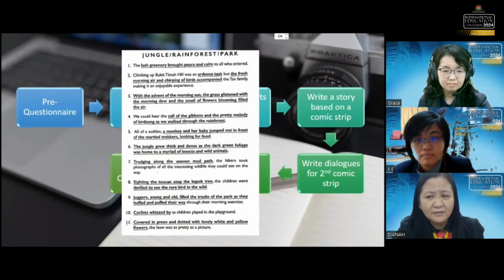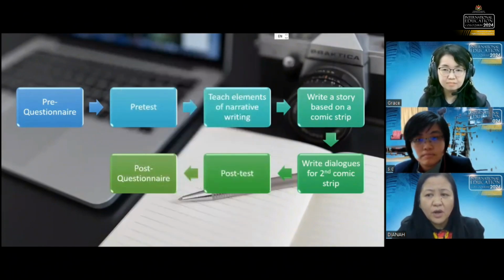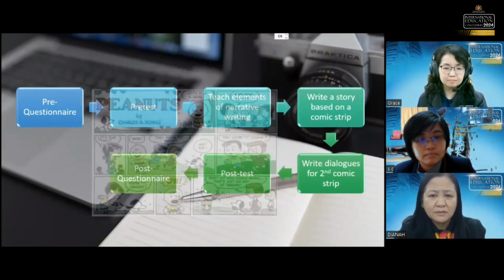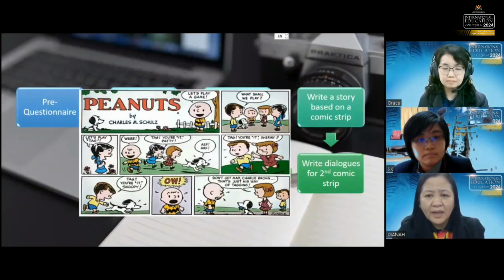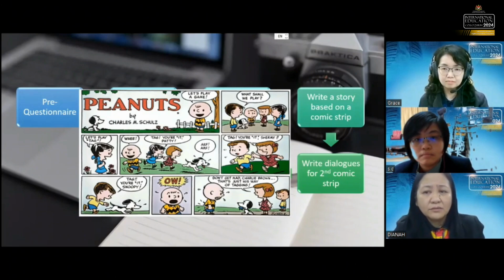In the next lesson, the students were given comic strips and sentence stems and were guided how to write a narrative story based on the comic strips. After that, they proceeded to the third lesson, that is writing dialogues.